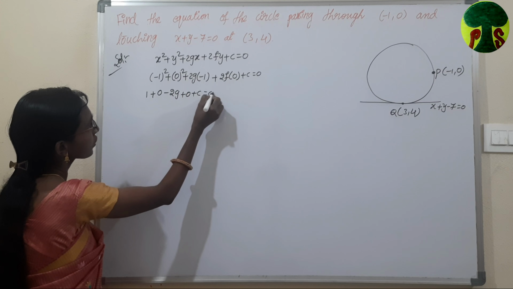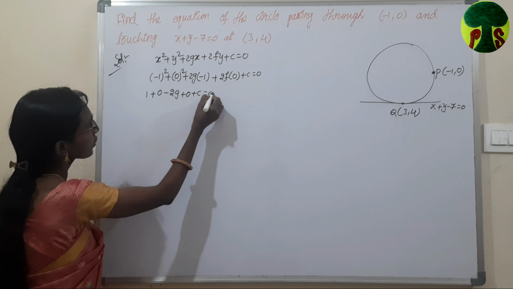And the line x plus y minus 7 equals 0 touches the circle at Q, 3, 4, which means that this is a tangent to the circle. So the tangent at 3, 4 is x plus y minus 7 equals 0. Let it be equation 2.